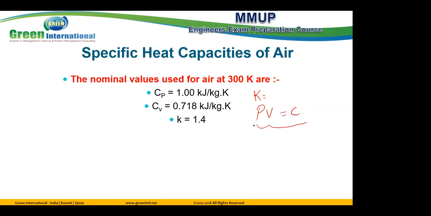This equation is the general one, PV to the power n equals constant, and the name for this equation is the polytropic equation.